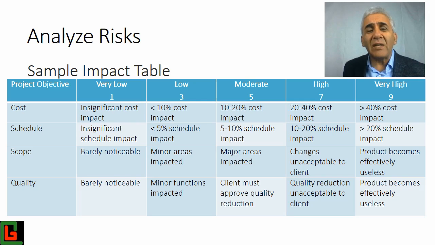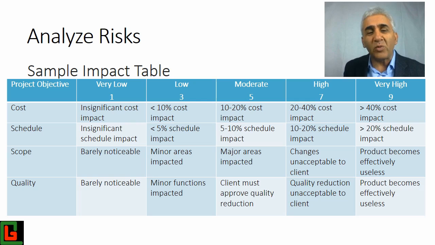So let us look at the impact table. Impact to what? Impact to the objective of the organization. In this sample table, it is related to a project which wants to maintain its cost, its schedule, its scope, and its quality. Those are the objectives of the project.